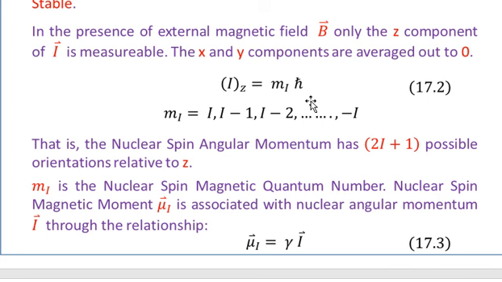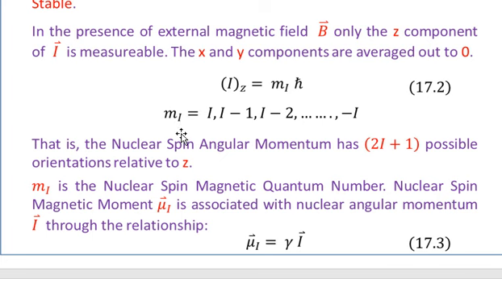And you know that Mi is actually the spin magnetic quantum number of the nucleus. So Mi will take values from I to I minus 1 to I minus 2 and so on up to minus I. That is, the maximum value of Mi will be equal to plus I.